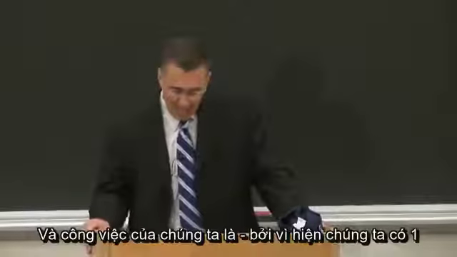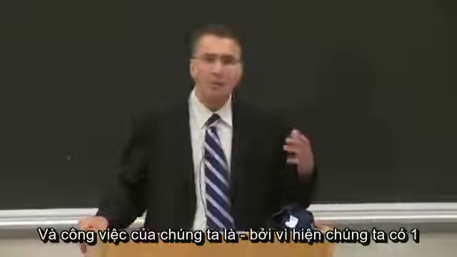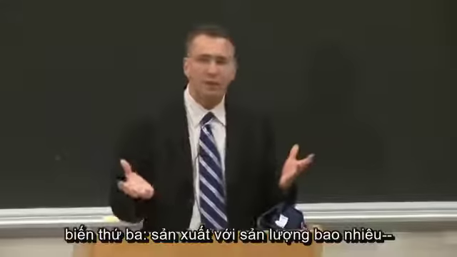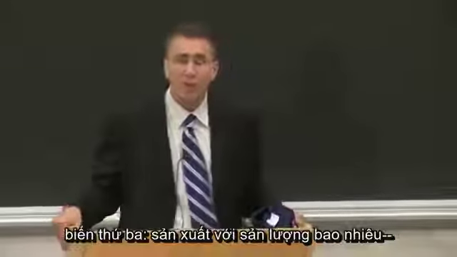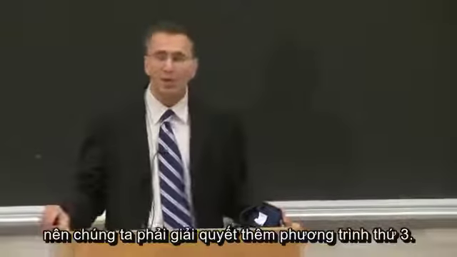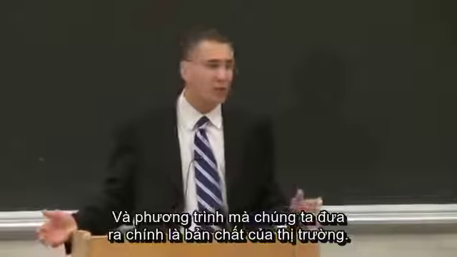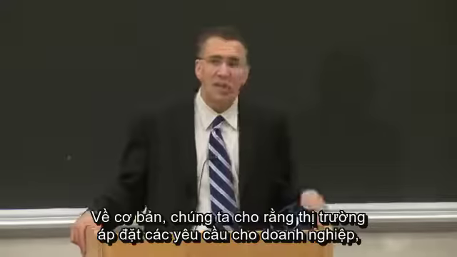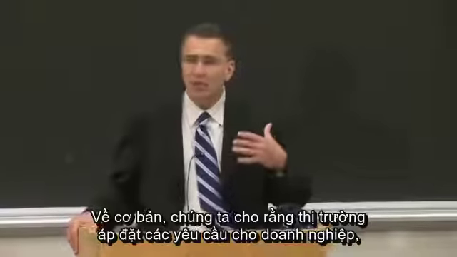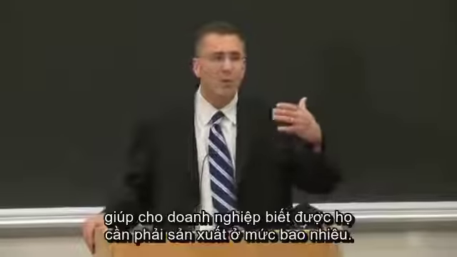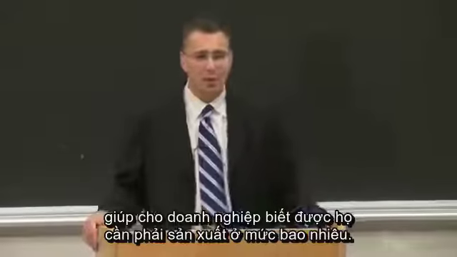Okay? And the way we do that is we bring in, since we now have a third variable, which is how much to produce, a third equation. And that equation we bring in is essentially the market. Essentially, we say the market imposes conditions on the firm, which helps them figure out how much to produce.